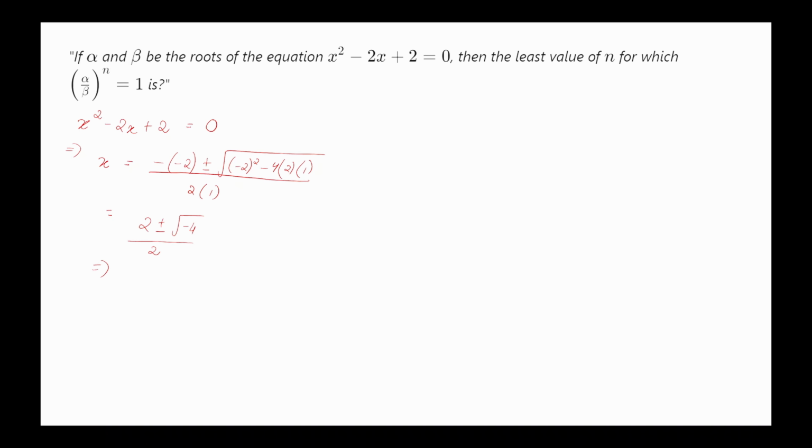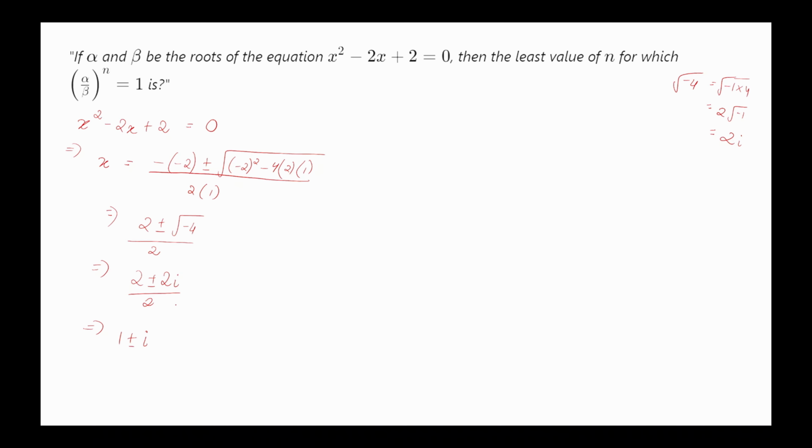Now this root under minus 4, what can we write it as? Root under minus 1 into 4. So this would become 2 times root under minus 1, which is nothing but 2 iota. So this becomes 2 plus minus 2 iota by 2, which is nothing but 1 plus minus iota.